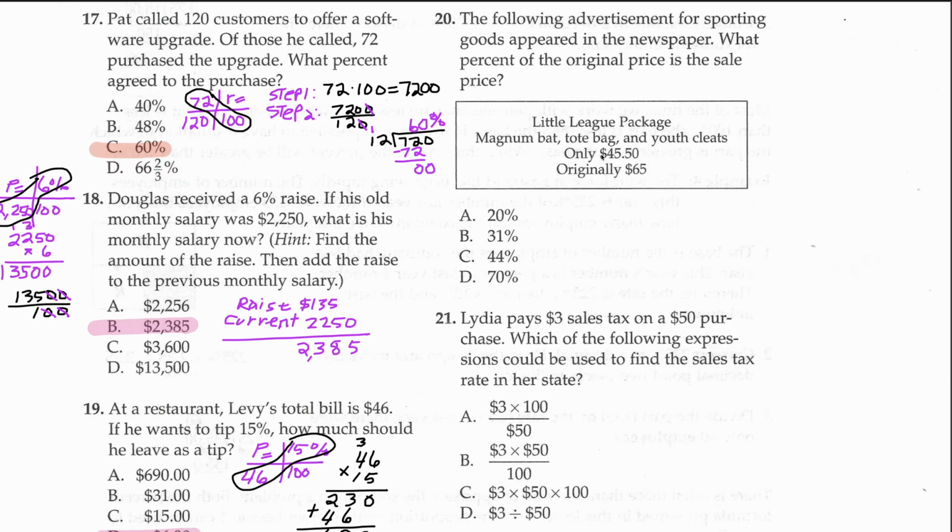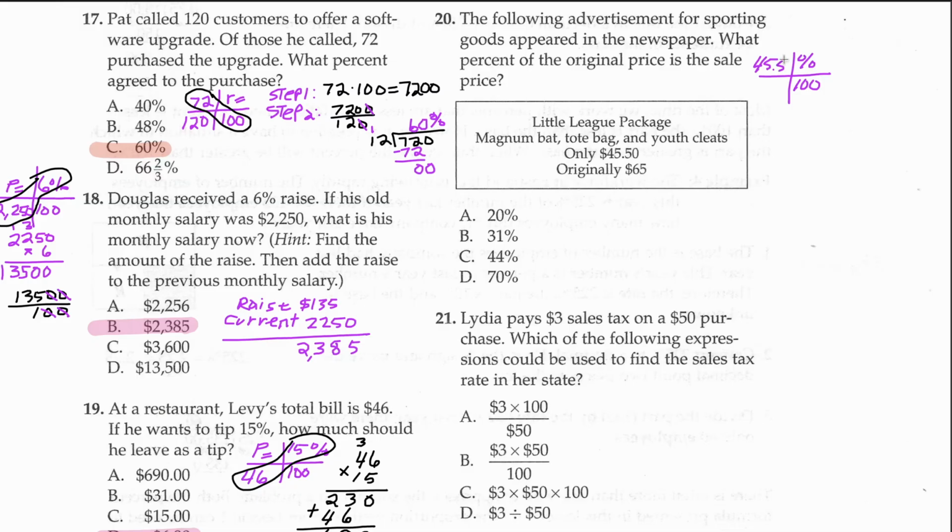So the question is, what percent of the original price is the sale price? Okay, so let's check that out. So we are looking at a big plus here. So step 1, let's look at here. 100% goes here, and we don't know the percent. So we do know the sale price is $45.50.